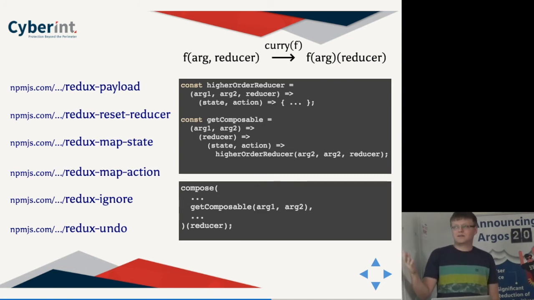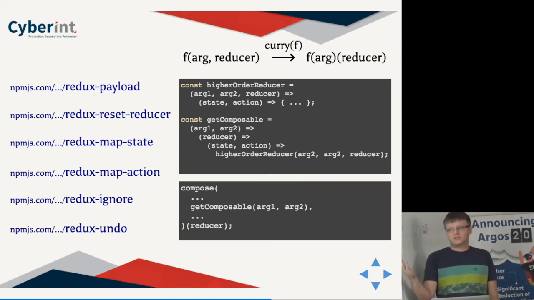Redux map state can give you the ability to invoke the map function before passing state to the reducer and after the reducer has done its work. So it's very helpful if you are going to reuse a reducer on a state subtree which is not prepared, I would say, for this reducer.